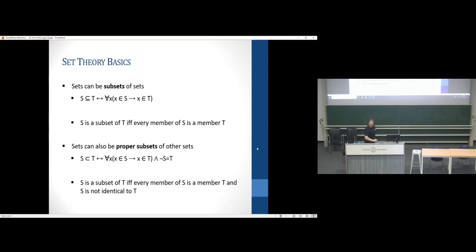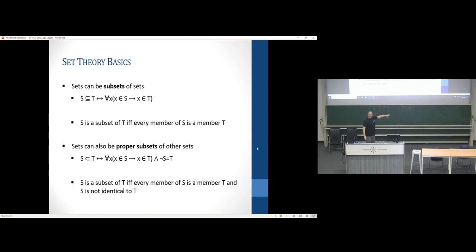So again, we can kind of drive this home with an example. So suppose we have a set whose members are A, B, and C. Right? If we're thinking about this set, now compare it to this one, right?